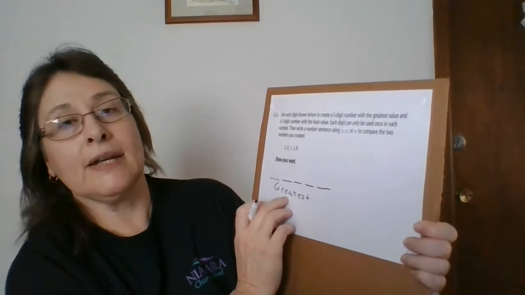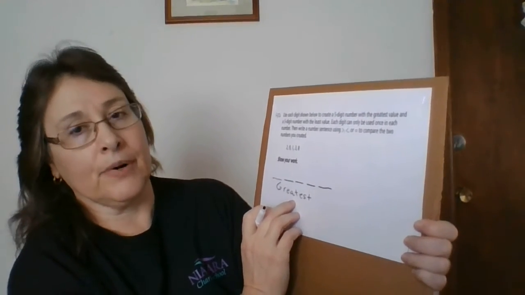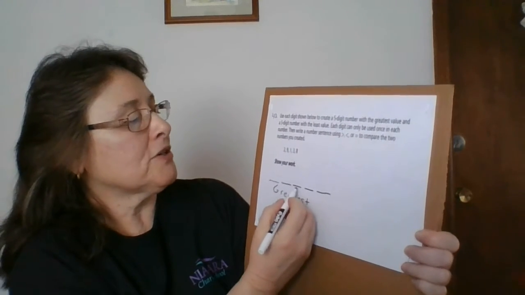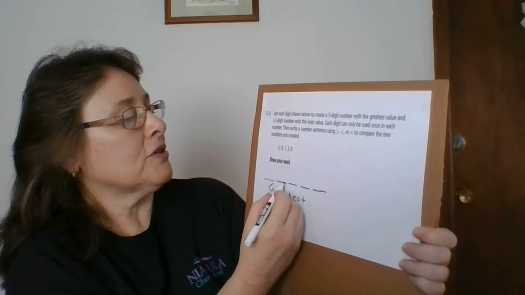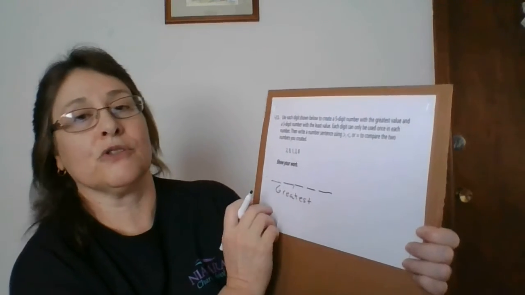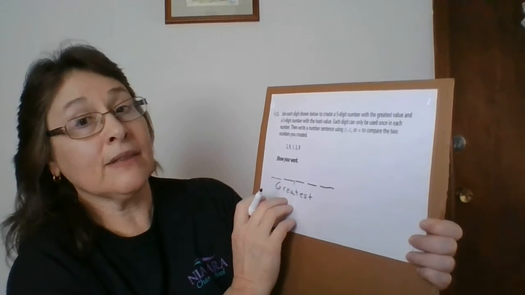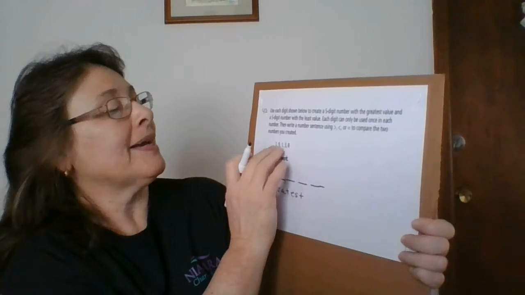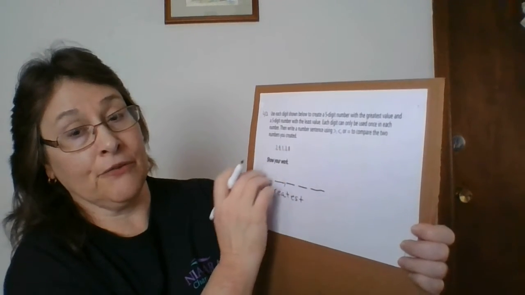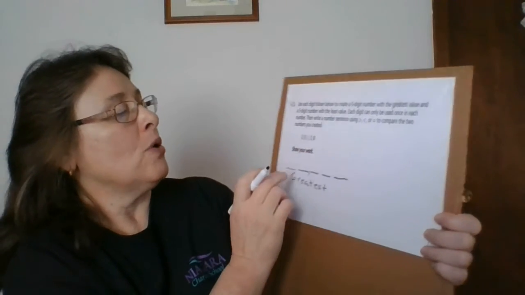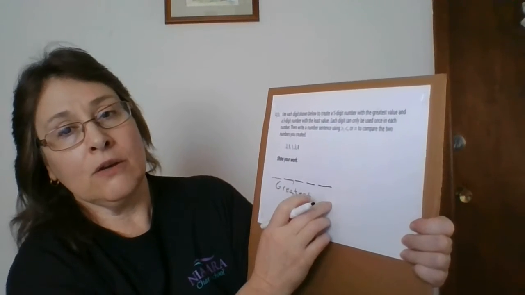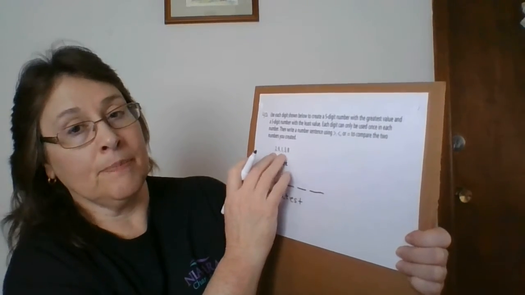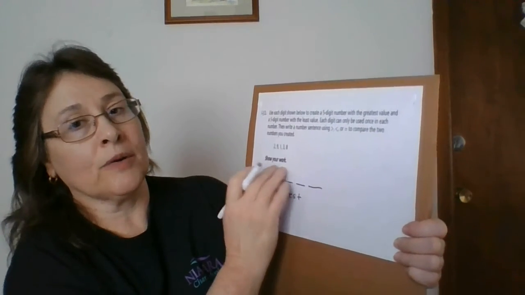Now, since I'm creating the greatest number or the greatest value, I have the ones place, the tens place, the hundreds place, the thousands place, and the 10,000s place. Since I'm going to make the greatest value, then that means that the bigger number has to be in the first spot. So in order to make the greatest value, I'm going to start with the greatest number, the biggest number, and work my way down.